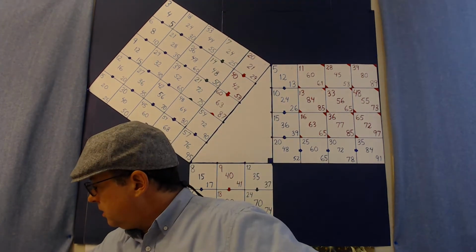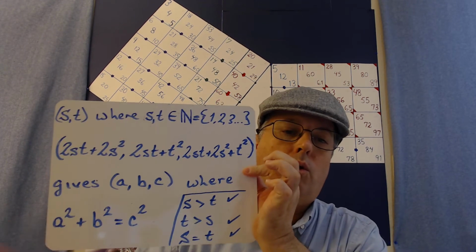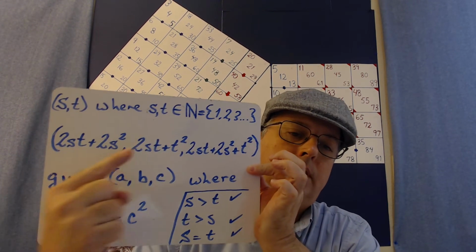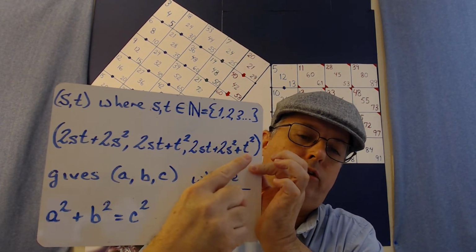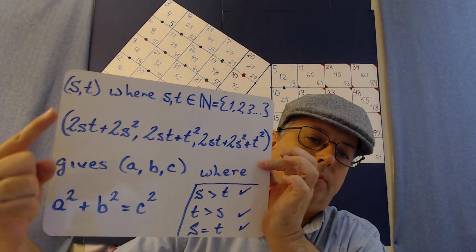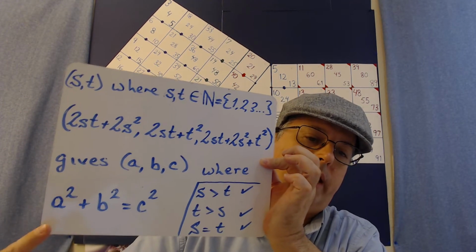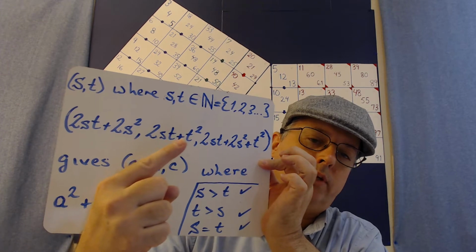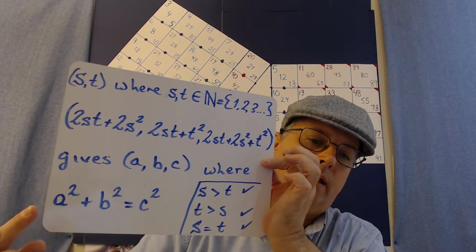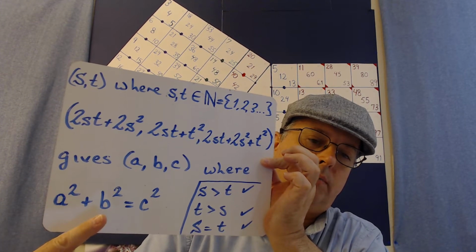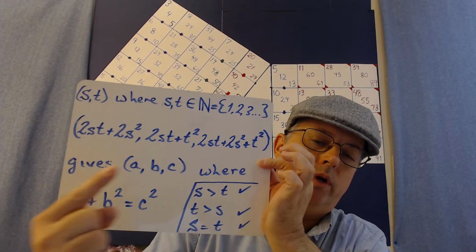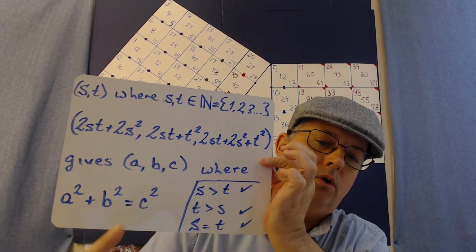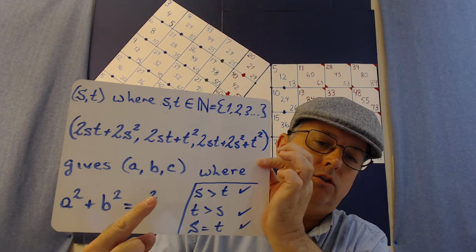All right. In the video previous to this one, we showed that if you substitute this expression for A and this expression for B into the formula, square them and add them together, you do in fact get this expression for C squared.